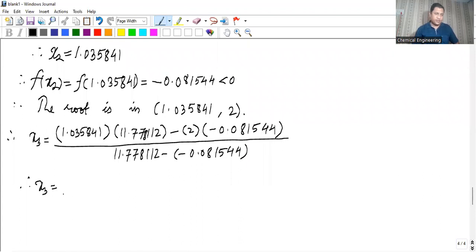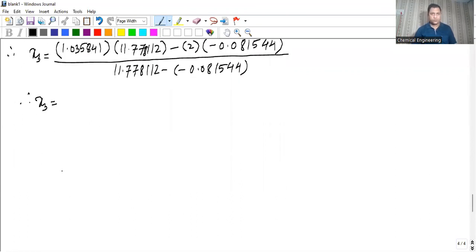So x3, please give me what is the value of x3. 1.042470. That's good. Okay, so we can have f of x3.